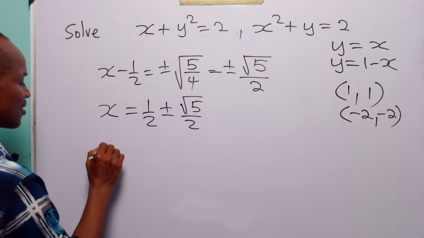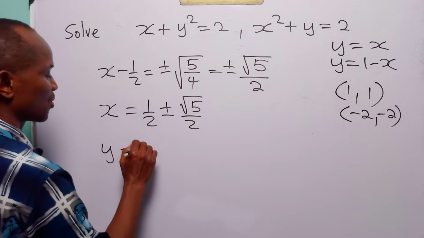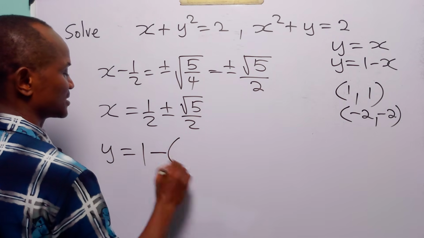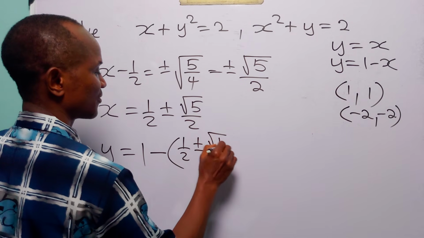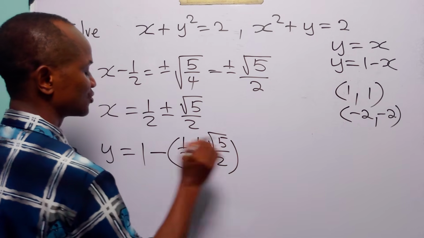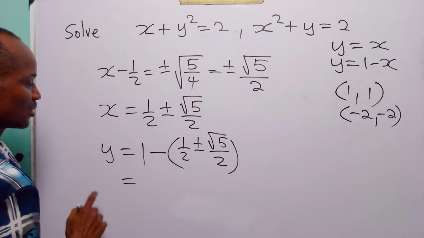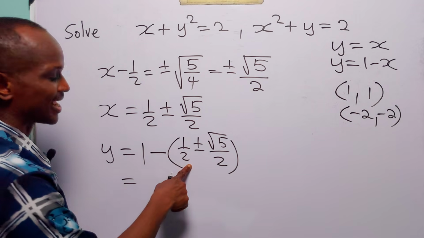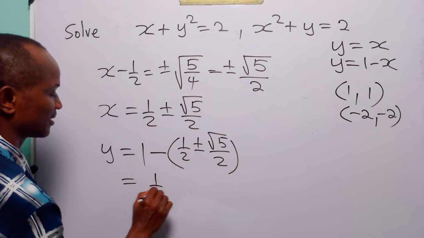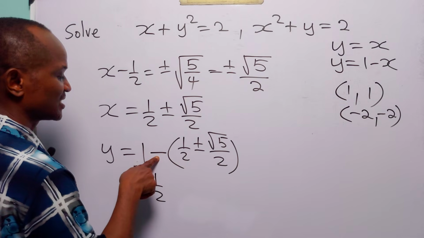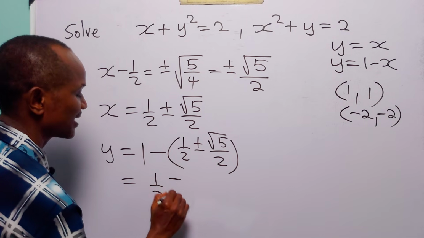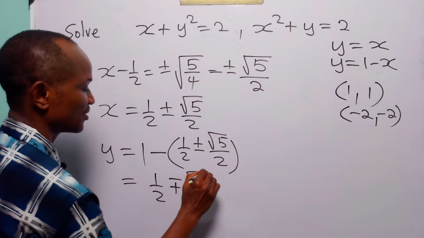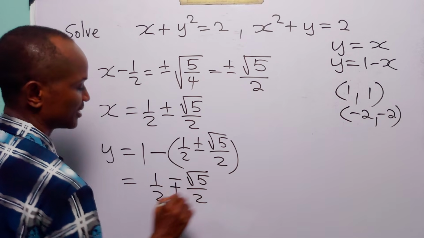So we have that y will be equal to 1 minus (half plus or minus root 5 over 2). This is equal to 1 minus half, which is half. Because of this negative, these signs will flip. So we have minus or plus root 5 over 2.